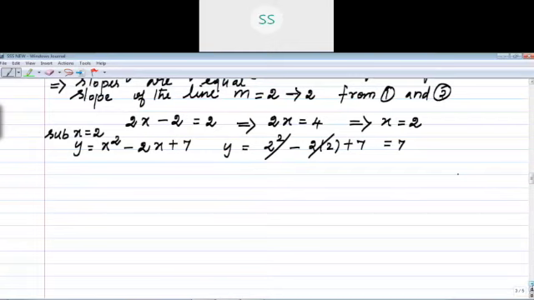Now you see, the point on the given curve. What are the points?